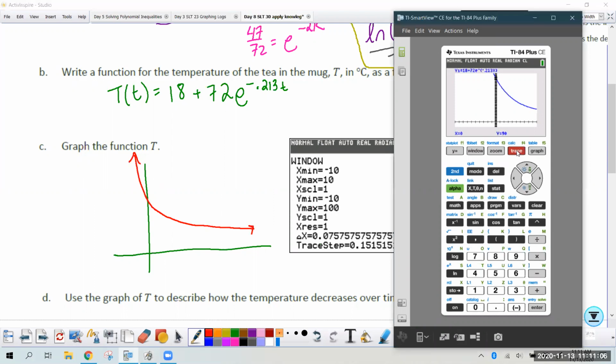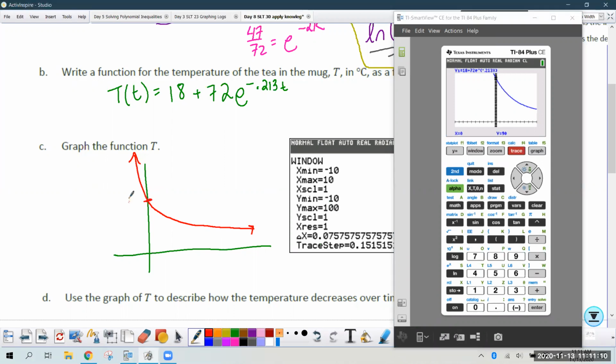If I hit trace, it tells me the y-intercept is 90. That's that initial temperature. And then I'm curious, is the asymptote going to be 0, or has there been any transformation? Notice where I'm moving my mouse. Any transformation to this exponential graph that will change where the asymptote is located?